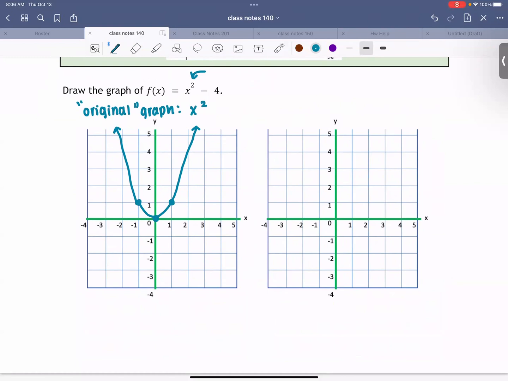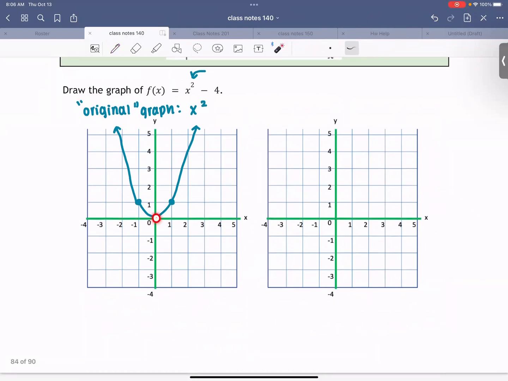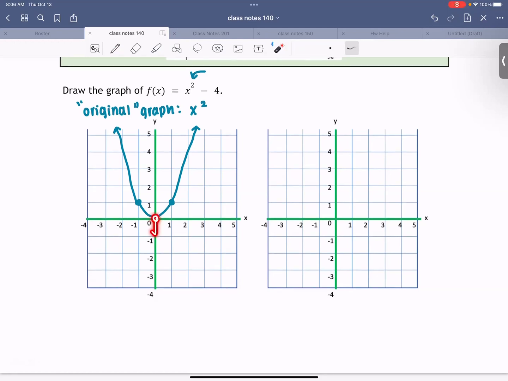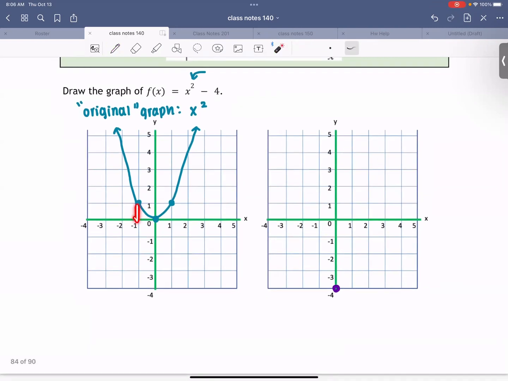So I've taken x² and I've just subtracted off 4, which means I'm going to take each of my points, for example 0, 0, and I'm going to shift it up or down. Where am I going? Down, good. So I'm going to shift it down 1, 2, 3, 4 points, right? So the point 0, 0 becomes 0, -4. Same thing with -1, 1: 1, 2, 3, 4.